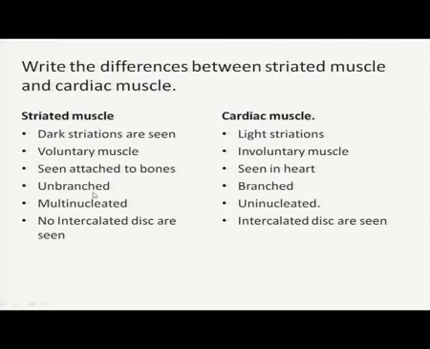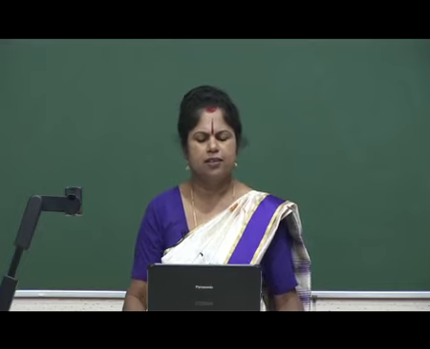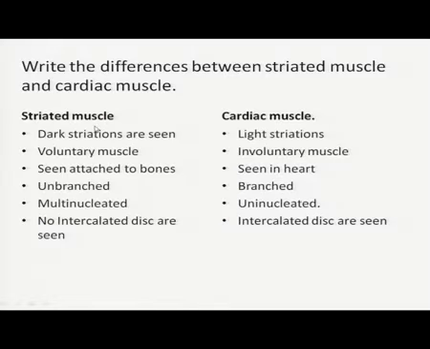Striated muscle is unbranched, whereas cardiac muscles are branched. Striated muscle is multinucleated, whereas cardiac muscle is uninucleated. Intercalated discs are totally absent in the case of striated muscles, but intercalated discs are seen in the cardiac muscles. So, these are the typical identifying features of cardiac muscles compared with striated muscles.